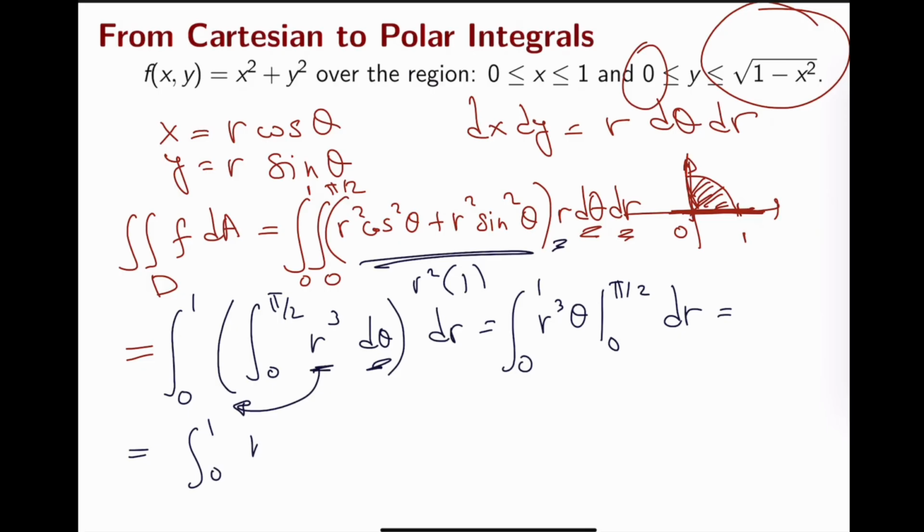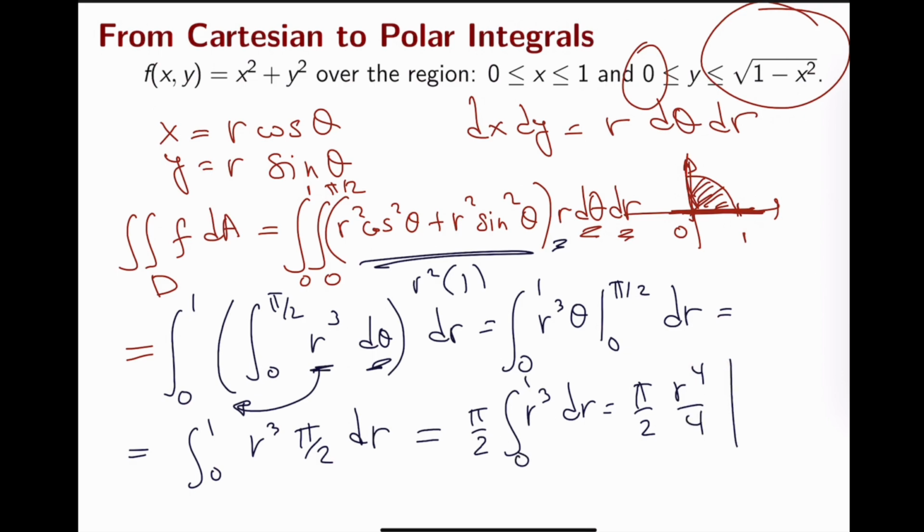This is the integral from 0 to 1 of r cubed times pi over 2 dr. We take the numbers outside, and this is pi half times the primitive, the integral of r cubed dr. And so the primitive of r cubed is r to the 4th over 4, evaluated between 0 and 1. So we have here pi over 8, and so the evaluation of r to the 4th between 1 and 0 is just 1, and so the final answer is pi over 8.